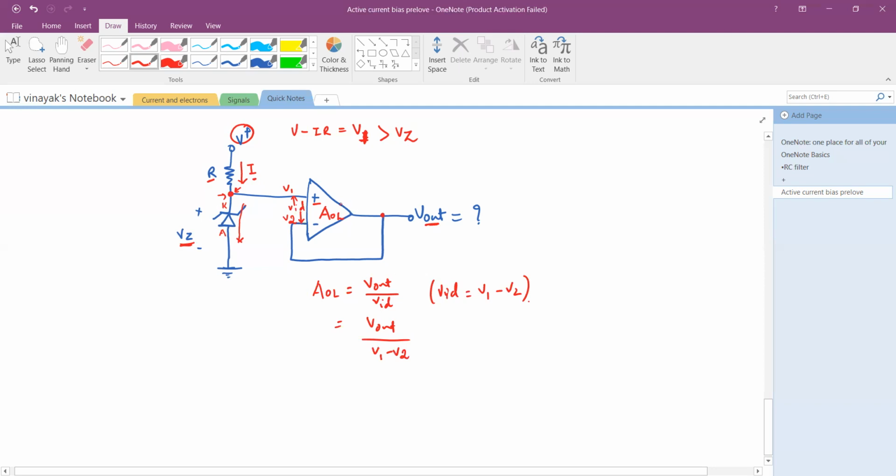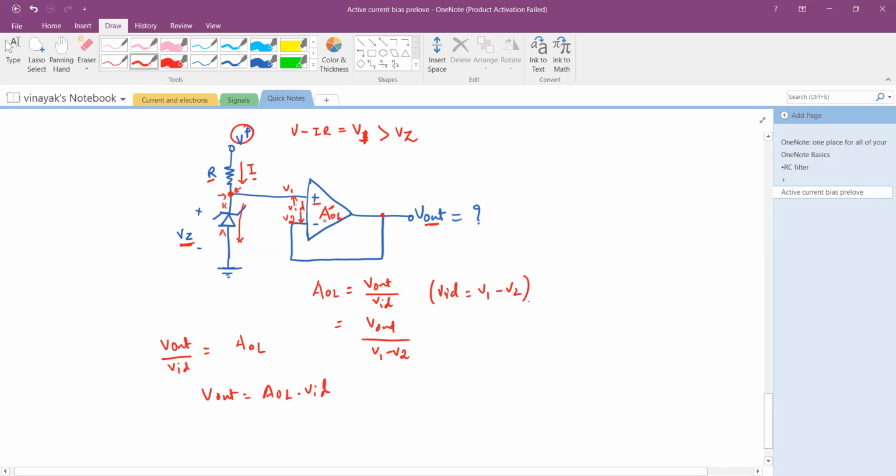So if the gain of this amplifier tends to be very, very high, V out divided by VID is equal to AOL, or you can write V out is equal to AOL times VID, that is the gain.